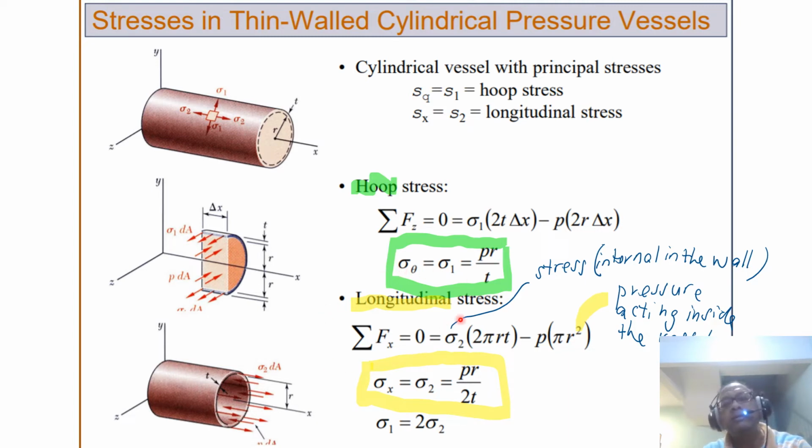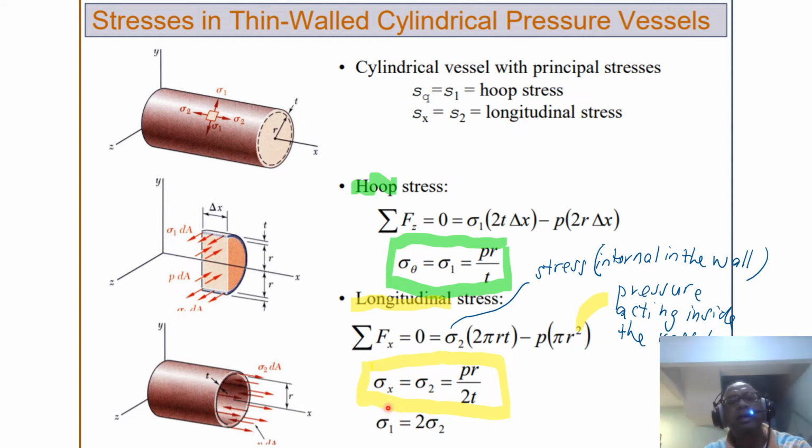We can apply the same technique for the longitudinal stress. The bottom picture shows the longitudinal stress. The stress within the wall provides a resistance force of sigma 2 times 2 pi r t, where 2 pi r t is the area of the wall, minus p, the pressure acting on the longitudinal side, times pi r squared, which is the area inside the cylinder.